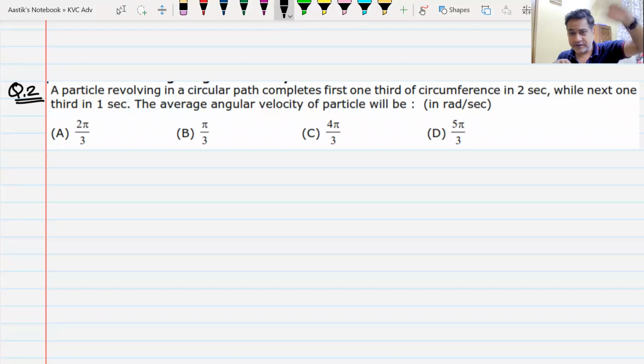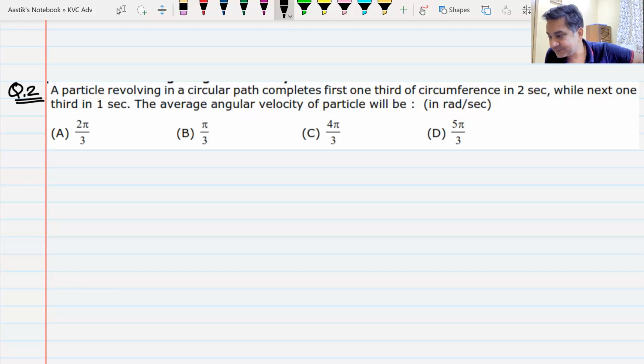Whatever questions we are doing are the same as in straight line motion. The only thing is velocity gets replaced by angular velocity, average velocity gets replaced by average angular velocity, and there are two more terms that replace their respective counterparts.